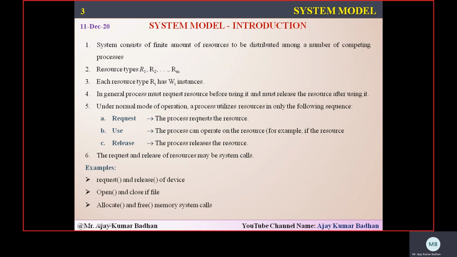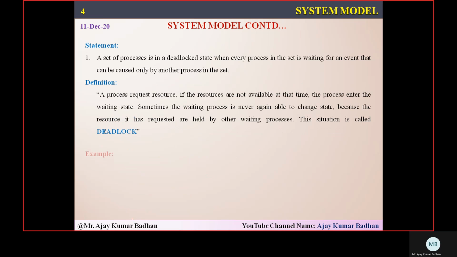So whatever I have explained, open and close a file, these are the methods, and these are what we call system calls. Here request and release are the system calls, and open and close are the system calls. I forgot to close the bracket here. Allocate and free are the system calls for allocating memory and releasing memory.